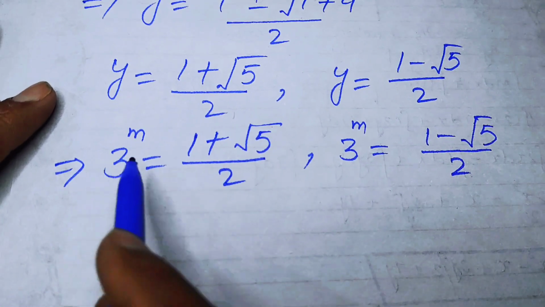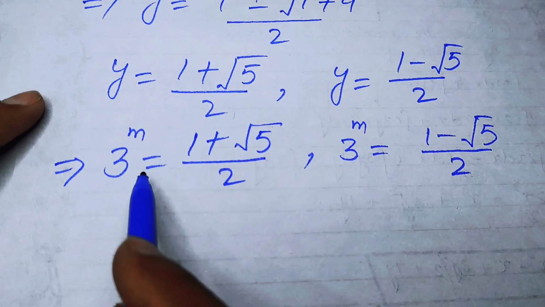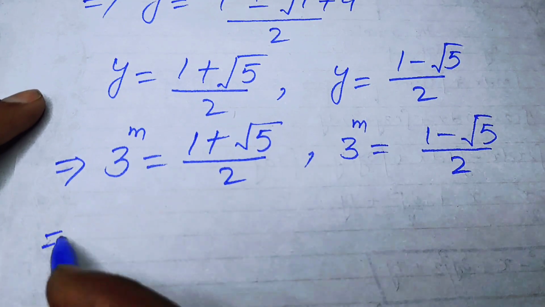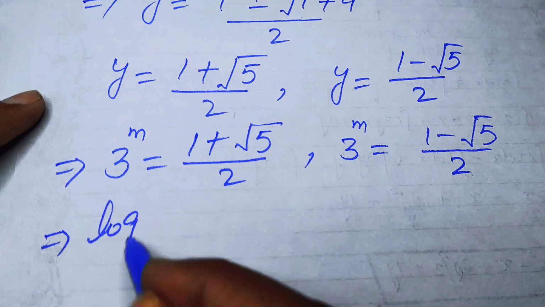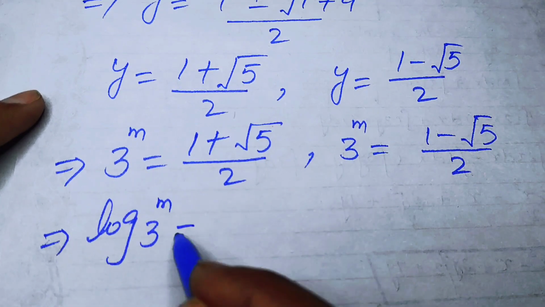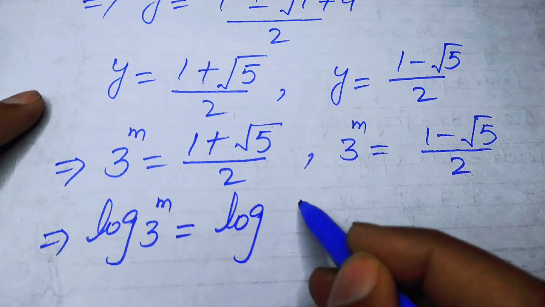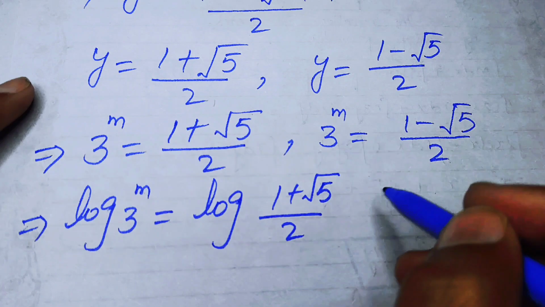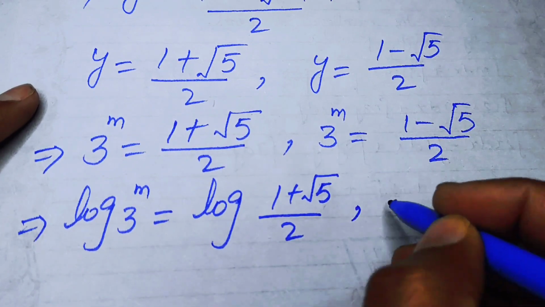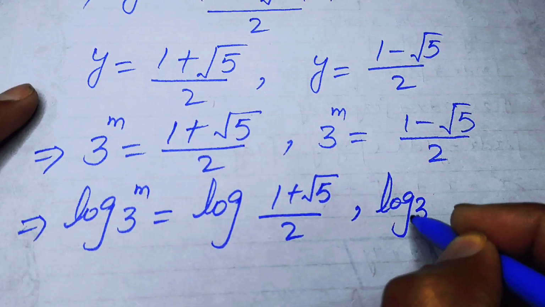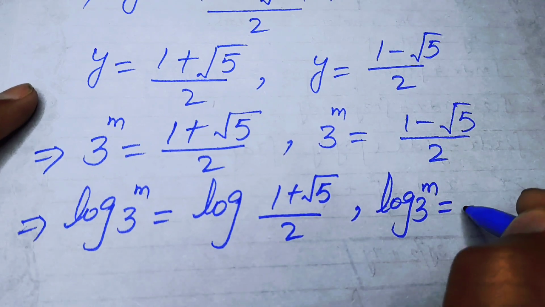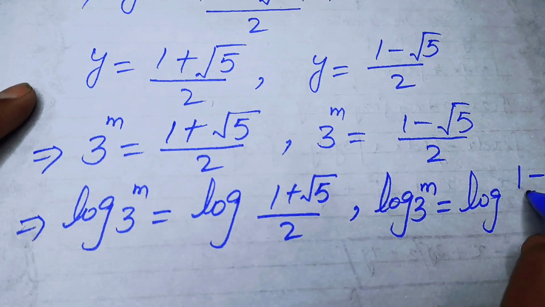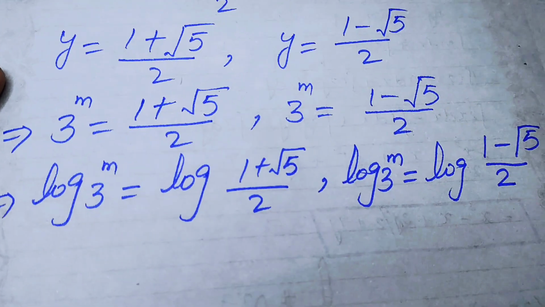And now in order to find the value of m, we need to take the log on both sides and in both of the terms, so that we have log of 3 to the power of m is equal to log of 1 plus square root 5 over 2. And similarly we can take log on this expression as well, and we get log of 3 to the power of m is equal to log of 1 minus square root 5 over 2.